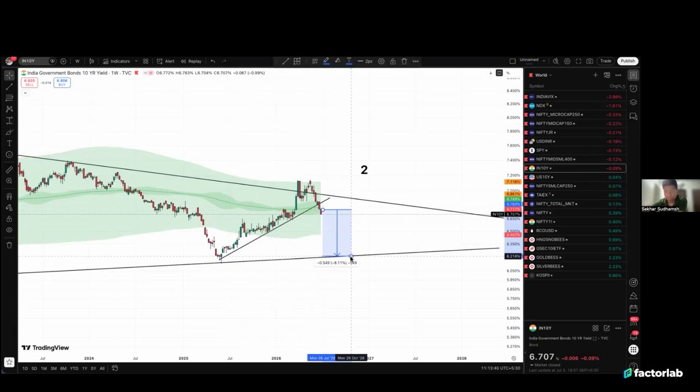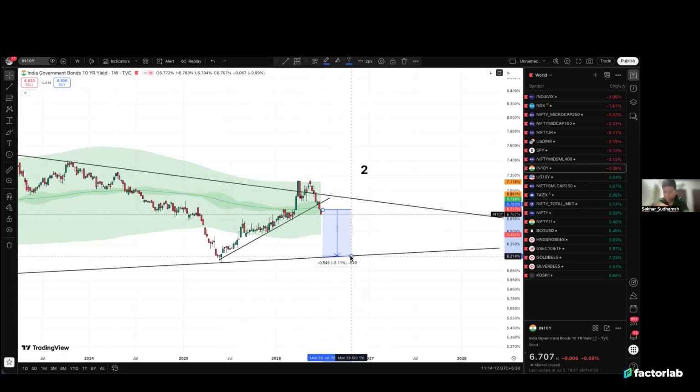This is a good scenario for equity investors, or even for bond investors who are investing in long duration bonds. So this is a good scenario that we can see. It is something that is good respite for a couple of quarters. What happens when it touches the lower end? We don't know whether it will break down or will again come up.